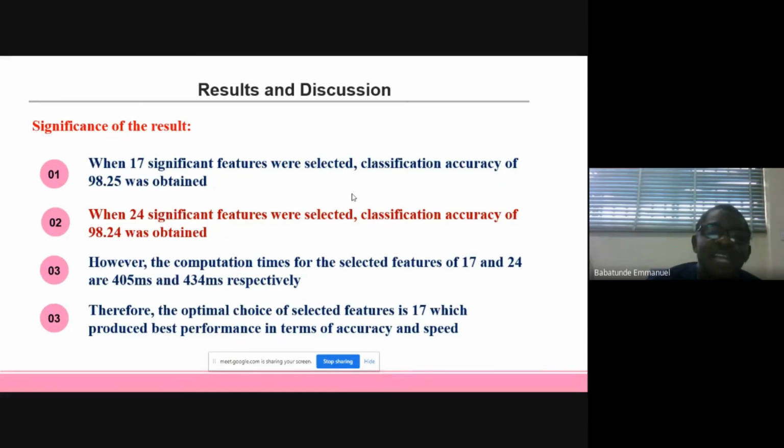However, the computation times for the selected features of 17 and 24 are 405 microseconds and 434 microseconds respectively. Therefore, the best choice is 17 selected features, because the computation time is less and it also has higher classification accuracy out of all the features that we have selected.